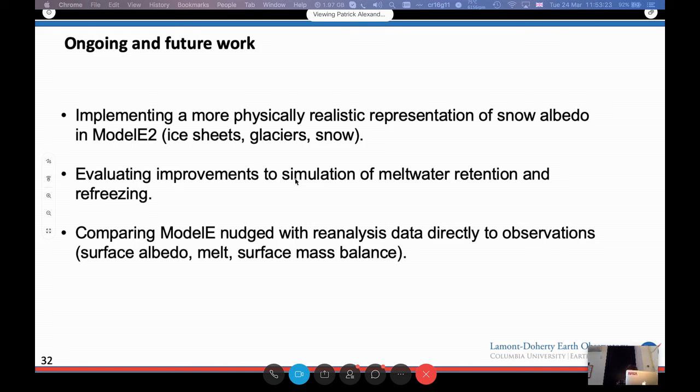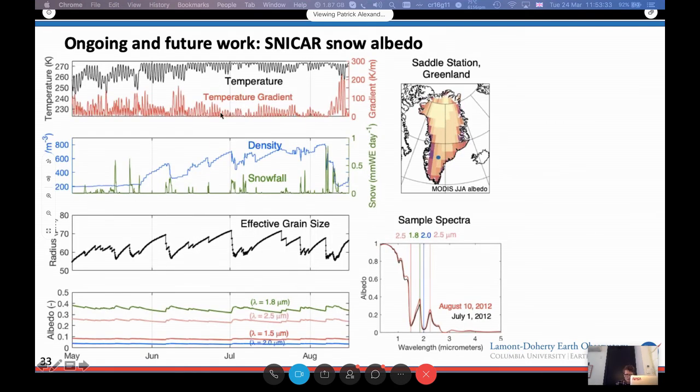These are showing how, with this radiative transfer model, we can capture the effects of temperature gradient, snow density, and snowfall on effective snow grain size, which we can then use to simulate surface albedo in different wavelengths.